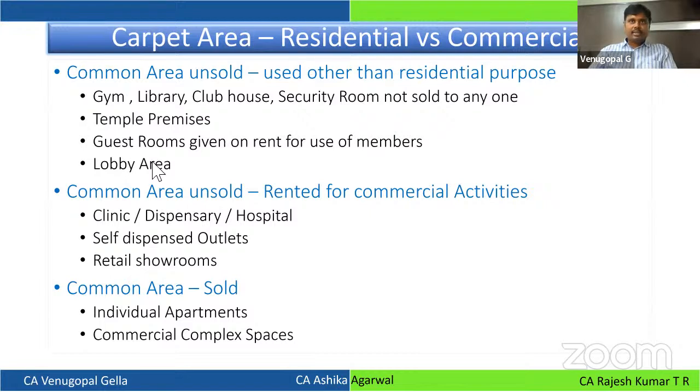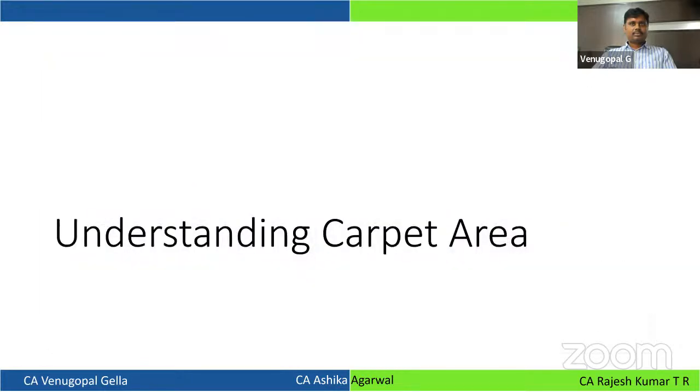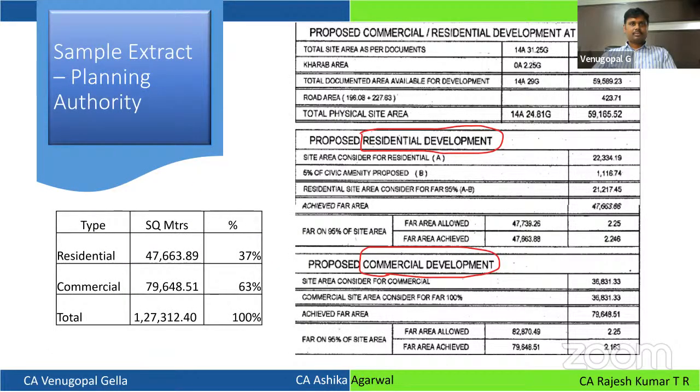Venu, we have shown the sanction plan. In the sanction plan, if you see, it's a single sanction plan where one side you have residential, another side you have commercial, and by virtue of that, the customer gets a right in the entire project, the entire 14 acres, 31 guntas. If you see, this project is 14 acres, 31 guntas in area. In the entire 14 acres, 31 guntas he is eligible for a UDS, undivided share in the land. So it's very important in terms of the legal aspects to be considered.